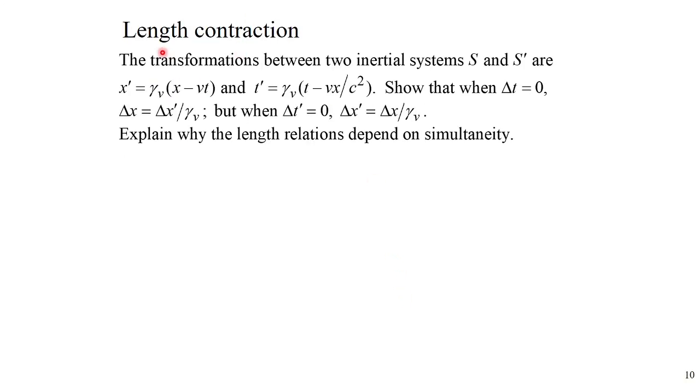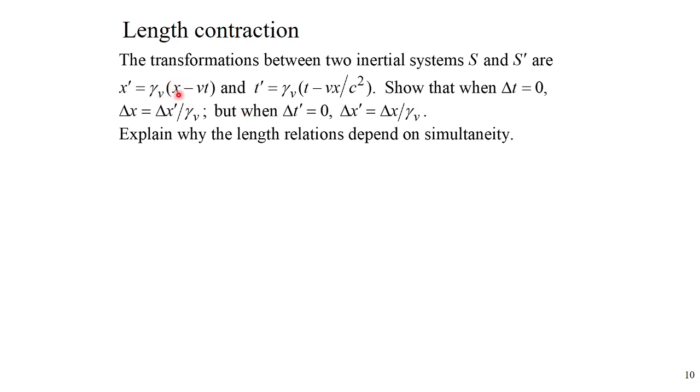Okay, I will give you 2 examples. One is the length contraction. Let me show you. The transformations between 2 inertial frames, x and x prime, are here. We don't have to worry about y and z because y and z do not change at all.